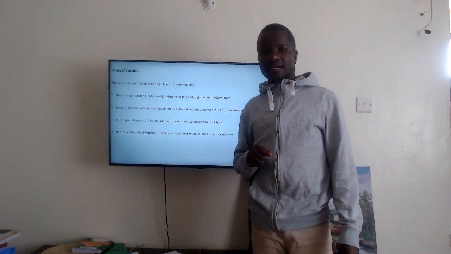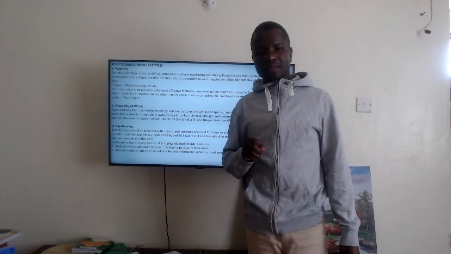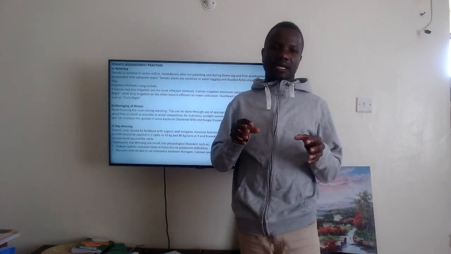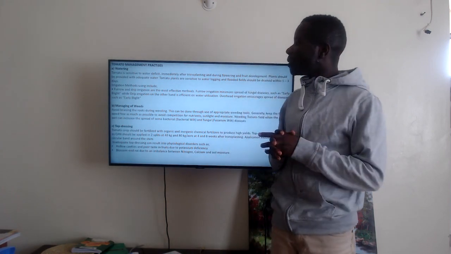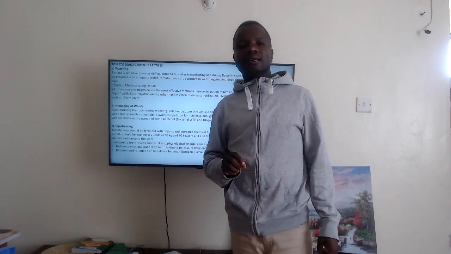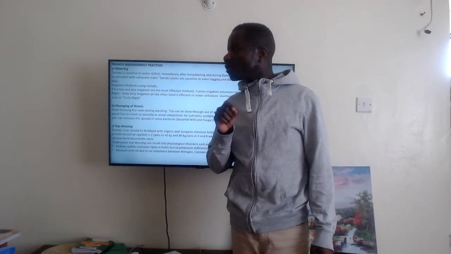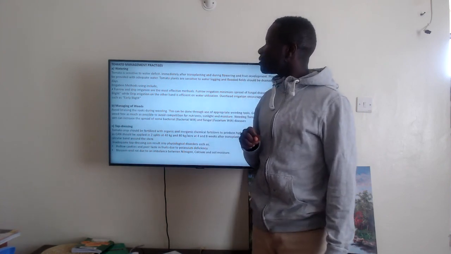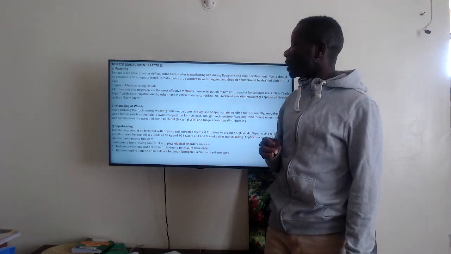The next slide here, tomato management practices. What are the activities that a farmer needs to undertake in order to manage a tomato plant? Number one, watering. Water is an essential part of a living organism. Therefore, water is needed to increase the productivity of tomato as a plant.